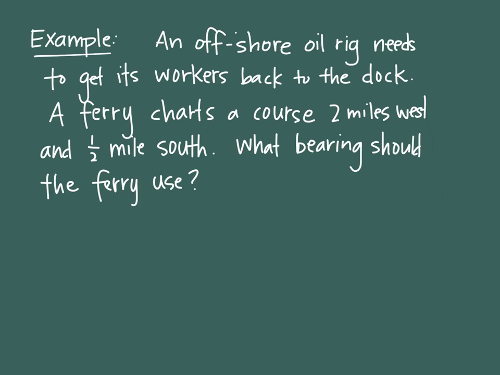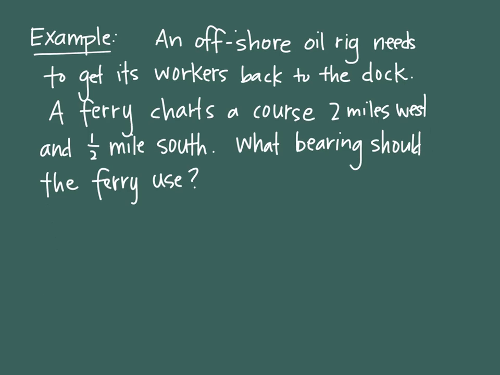All right, so we know that the ferry has to sail southwest because it's going west and it's going south. So that's southwest all together. What quadrant is southwest in? Okay, can you picture your compass? Quadrant 3.